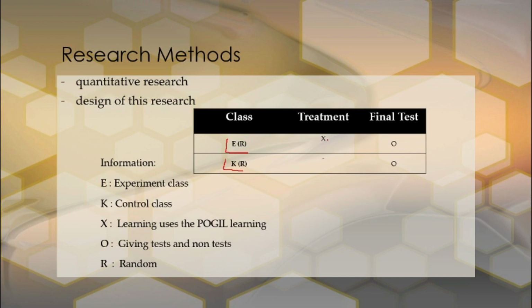For the experiment class, we have treatment, because the experiment class will be given the POGIL treatment and a final test, and the control class has no treatment and a final test.